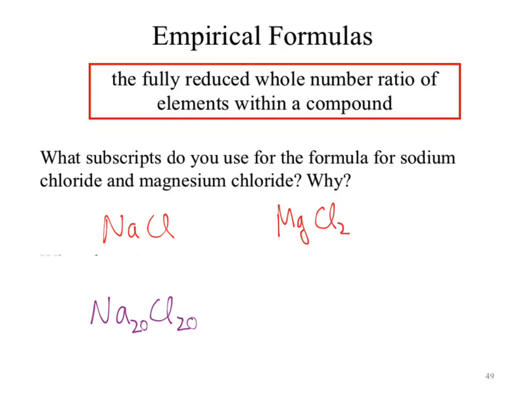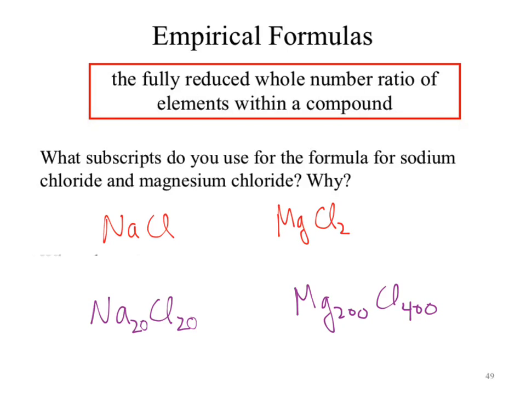If we looked at our magnesium chloride, it's not written as Mg200Cl400, because it's not a reduced ratio. Okay? So in our ionic compounds, we're always working with our reduced ratios. That's the whole point of them. It makes it easier to work with.